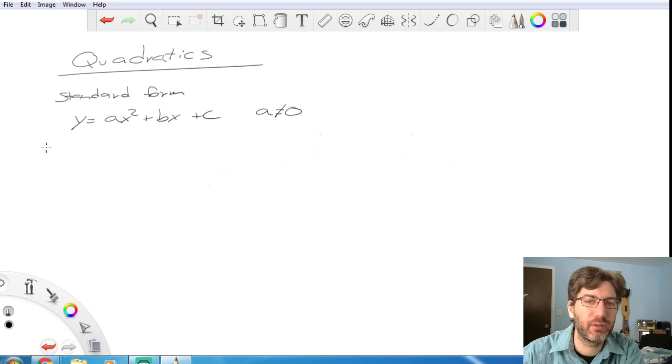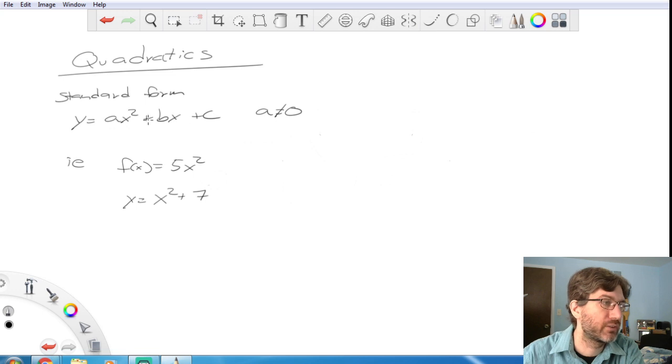It looks like this. Some other examples, as long as you have that second degree, you're pretty much it. Your highest degree is your second degree. So other examples might look like f of x equals 5x squared. It might just be that, but it has that second degree, so it is a quadratic. You might have y equals x squared plus 7, and you miss that middle term.